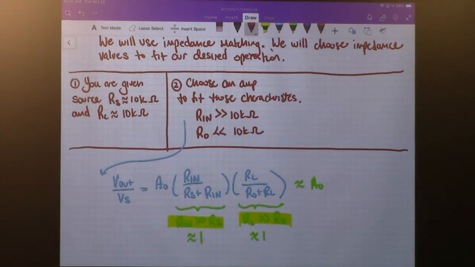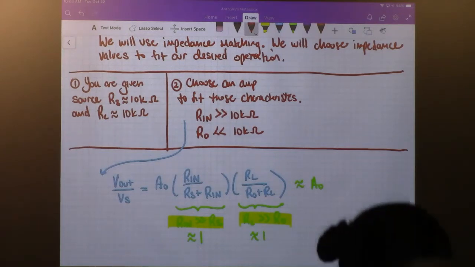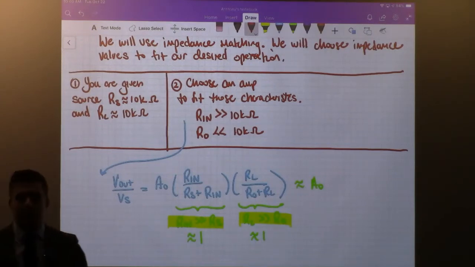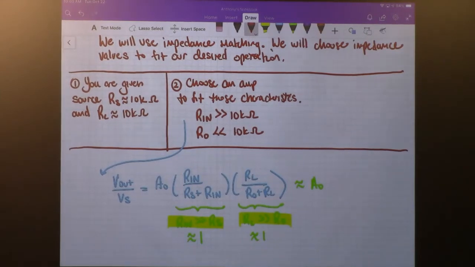Remember that the source resistance and the load resistance are external to the amplifier. The input and the output resistance are internal to the amplifier. And so you'll be able to find these values on the data sheet for an amplifier that you're looking at. All right? And there'll be different values depending on what type of amplifier it is and what its intended purpose is.